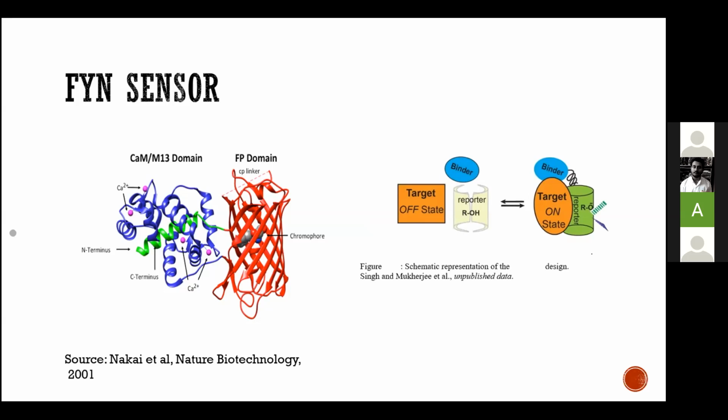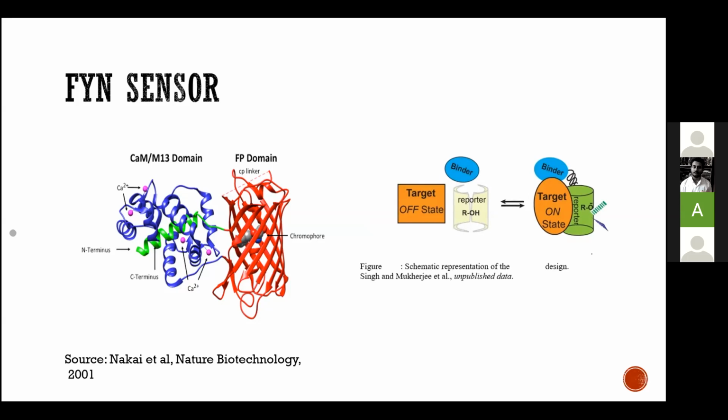circular permutation. On the left side you can see, actually I cannot reveal the actual picture of it, it has not been published yet. So I put up a more intuitive and nicer picture so that you can see how it actually works.